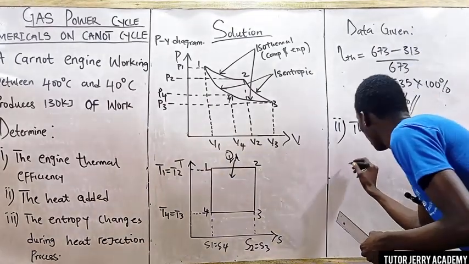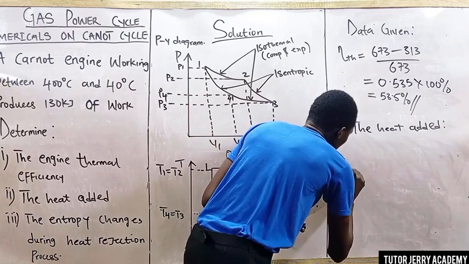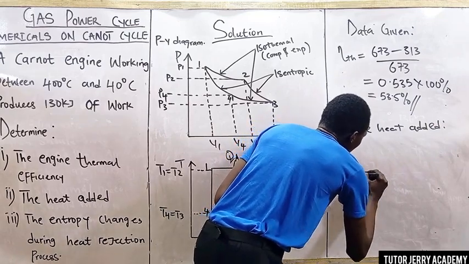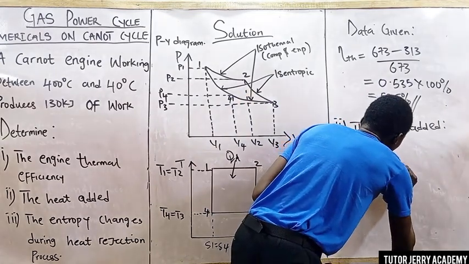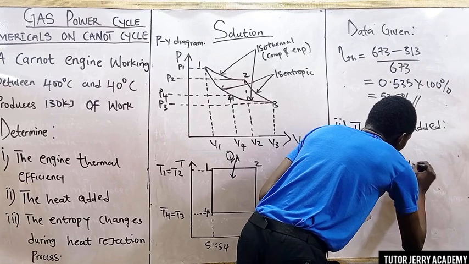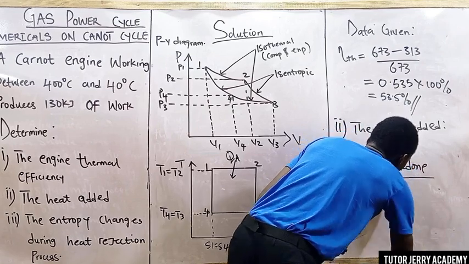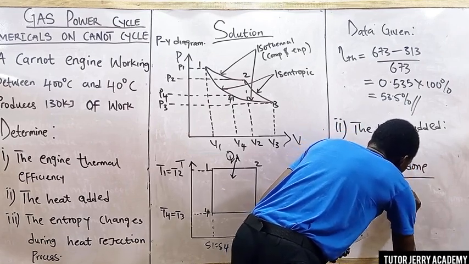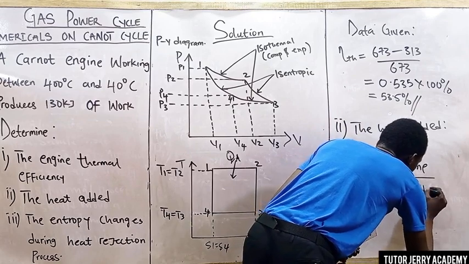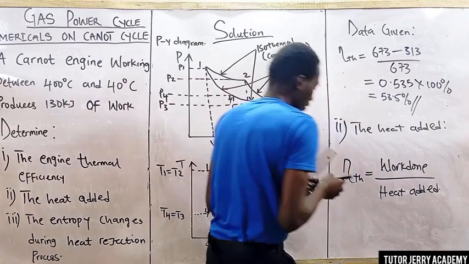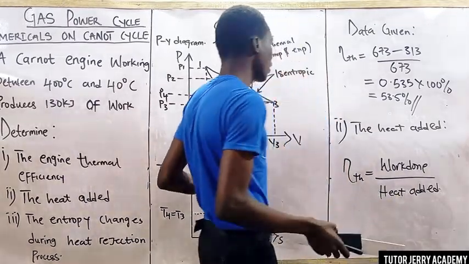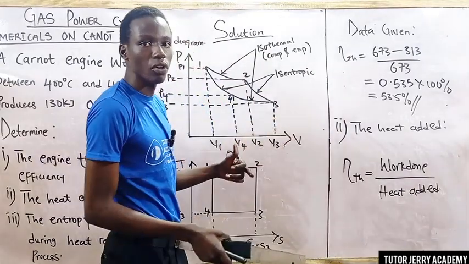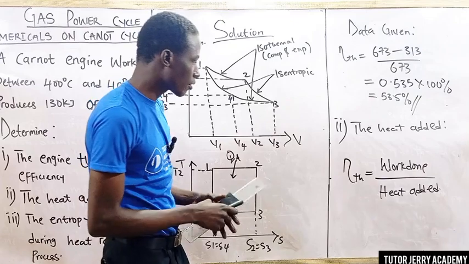So we have our efficiency equal to work done all over heat added. We know that the temperature at which heat is added to this cycle is nothing but the maximum temperature, which is T1, and which is equal to T2.